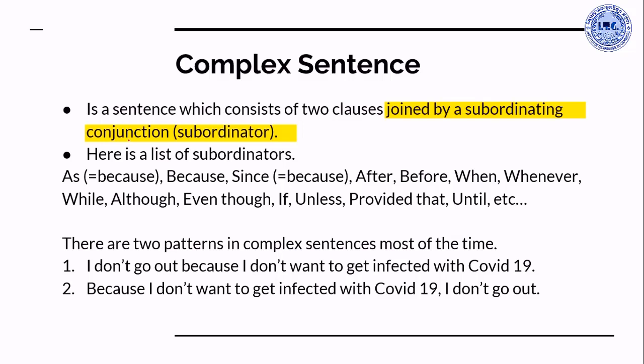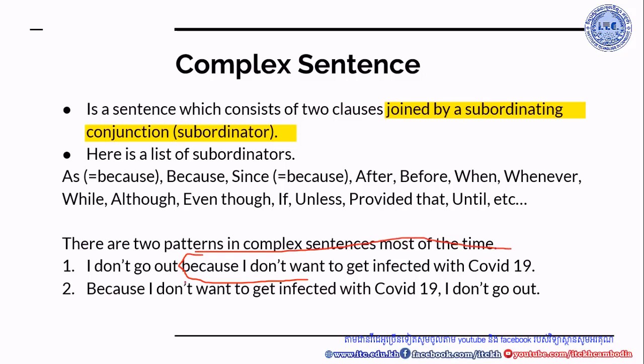And again, with a complex sentence, you can use two patterns. The second pattern is this. You can say, because I don't want to get infected with COVID-19, I don't go out. Everyone, when you use a subordinator in the middle, you don't have to use a comma.